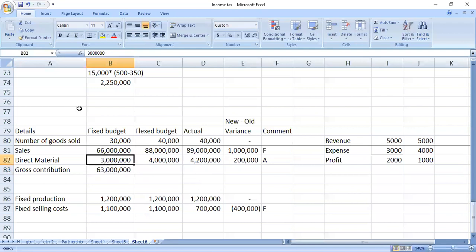That's how you get the contribution per unit. You don't flex it. So for net contribution, gross contribution, profit, you don't flex them. You get them by saying total sales minus expenses.